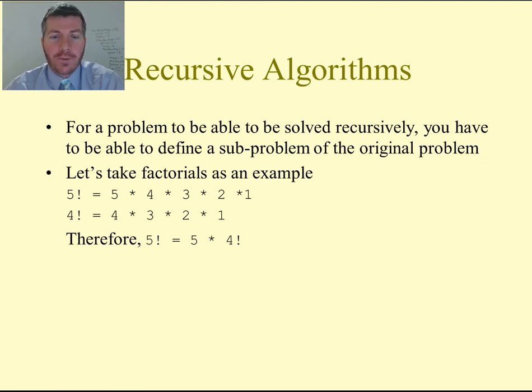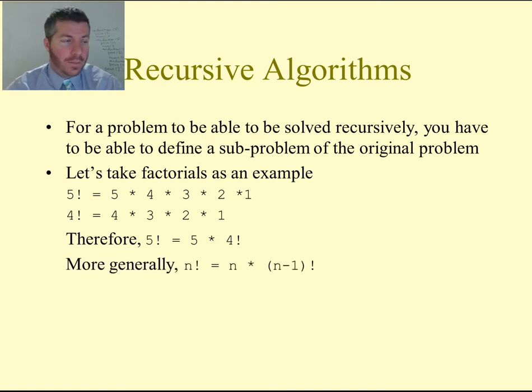What we've done is we've reduced our problem to a part that we know how to solve, which is the multiplication, and a part that we don't know how to solve, which is the factorial. So we know how to multiply some value by 5. What we don't know is how do we solve 4 factorial? Well, we can just continue recursing until we get down to a point that we know how to solve something. What's the problem that we know how to solve?